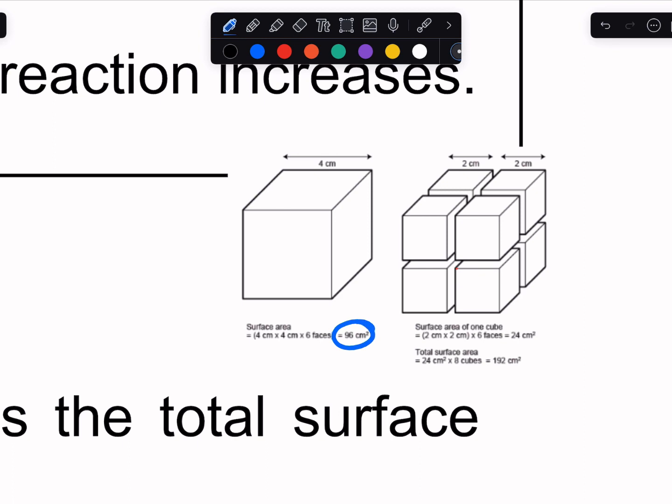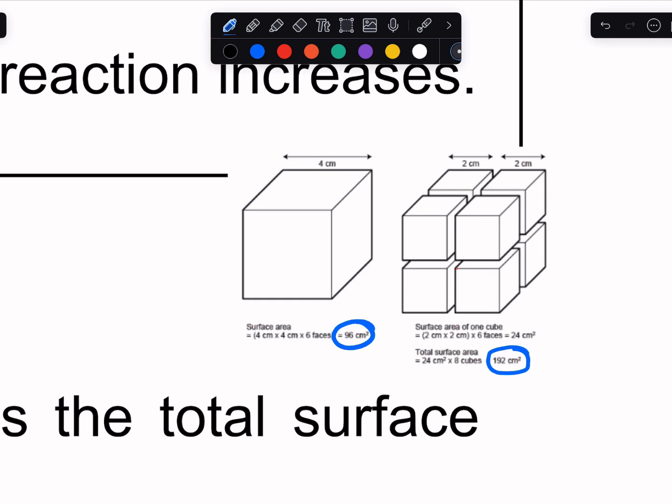The total surface area is 96 cm square. Okay. Now, looking at the same total volume, but broken into 2 by 2 by 2 cubes, we can see that the total surface area has now increased to 192 cm square. Okay, so for the same volume, by breaking it up into smaller pieces, we are increasing total surface area.